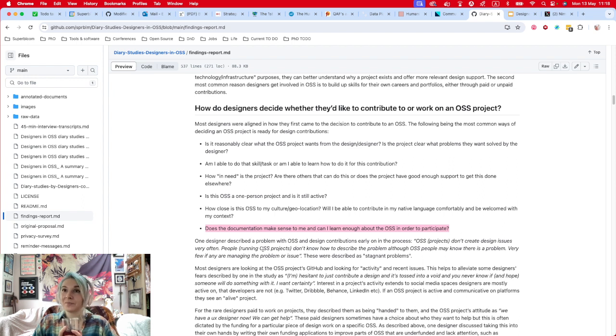If the README and the documentation have an in-depth and not helpful installation process, and designers either can't or don't want to follow that process, can they learn enough about the open source software without following it, and are they welcomed enough to participate with contributing design if they cannot do that process?